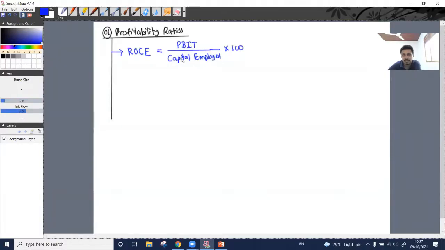Equity capital can be taken from equity. In the balance sheet, we have equity, so we can consider that. Plus debt capital. Debt capital is reflected under non-current liabilities.